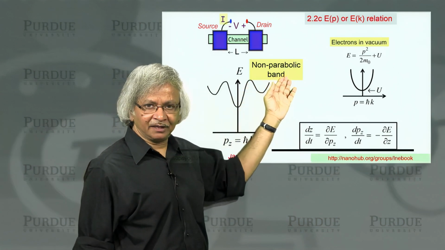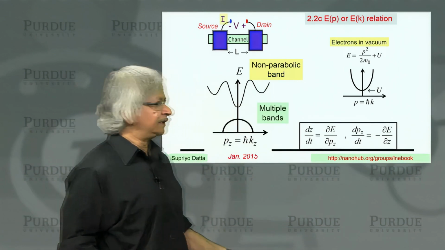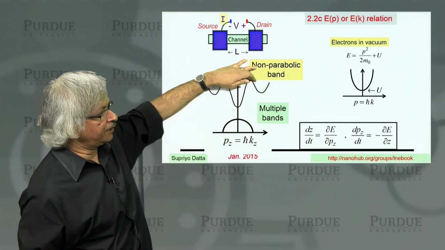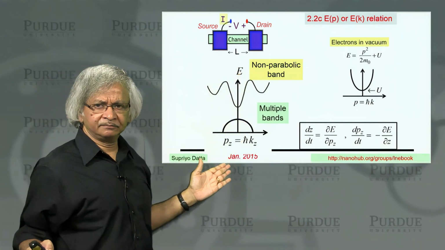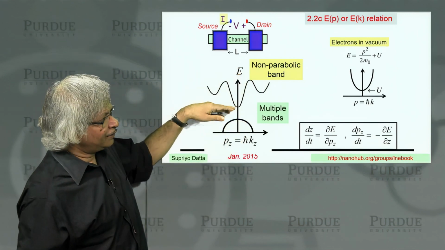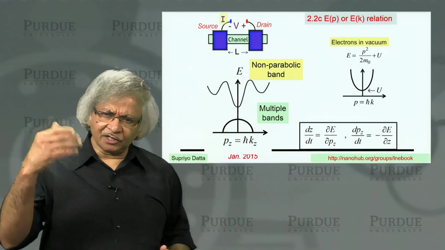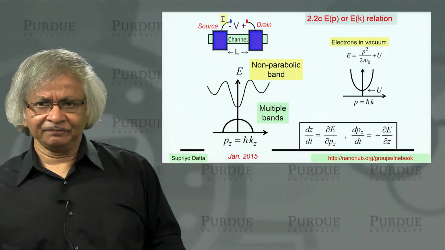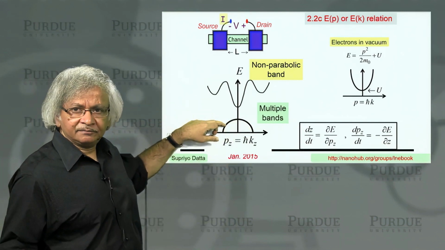This could be very non-parabolic. The other point is that you have multiple bands. That is, you could have a band of energy levels here, another one here with a totally different shape. In fact, usually the one here might even be curving downwards, which corresponds to a negative mass actually. And that's quite possible.